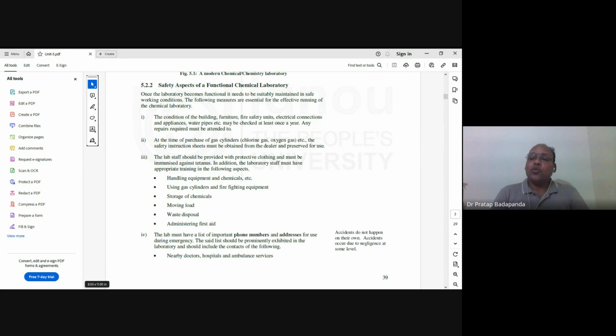What do you usually do with the remaining part? You throw it into the basin, around the water. As I told you when I started this topic, I saw one student putting the residual part, the remaining sodium, into the basin.